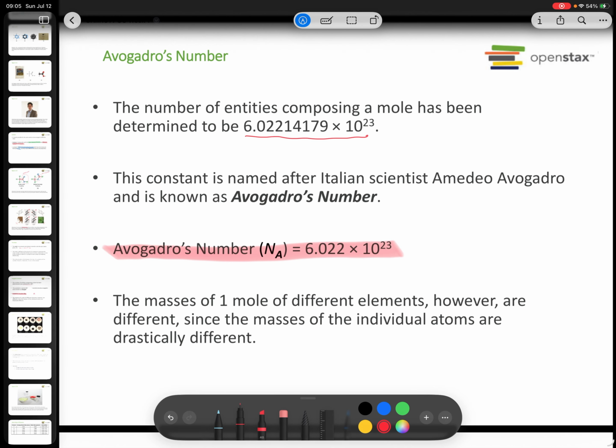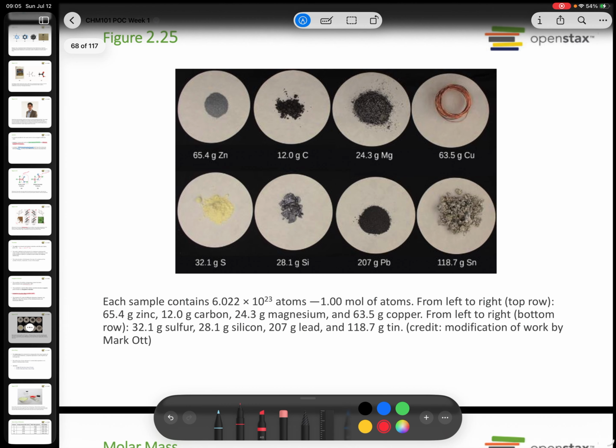Okay? Ayan, makikita niyo dito. So, each sample in this figure contains exactly 1 mole of atoms. Okay? Meaning, each has 6.022 times 10 to the 23 atoms, no? So, mayroong iba't ibang example dyan. Pero yung masses nila is different as you can see dun sa indicated mass nila, no? So, 1 mole of carbon is about 12 grams.